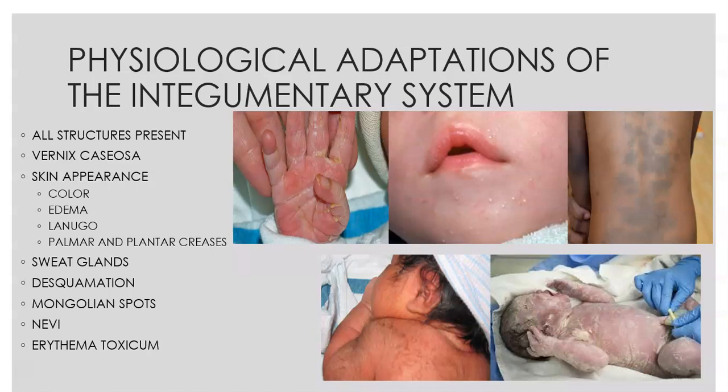And erythema toxicum usually shows up as various stages of macules, papules, vesicles. So they'll have fluid filled, pus filled, and little red spots, most typically on their chest and back, but it could be anywhere on their body. It's just something that happens in babies. It's not concerning. It's not contagious. It goes away. It is not infectious.